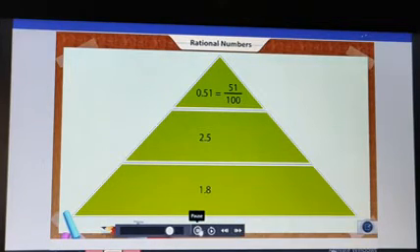Similarly, 2.5 can be written as 5 by 2. Here you can represent 2.5 as 25 by 10, and after simplifying it by 5, you can get 5 by 2. Same in the case of 1.8, it will be 18 by 10 or 9 by 5. And 1.8 can be written as 9 by 5. Therefore, we see that all the given decimal numbers are rational numbers.